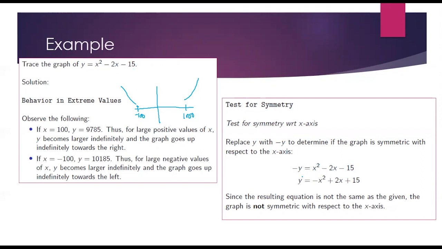Dividing both sides by negative 1, we have positive y is equal to negative x squared plus 2x plus 15. You compare now the original function with this computed function. Are they the same? The answer is no. So this one is not symmetric with respect to the x-axis, because we changed the original function.